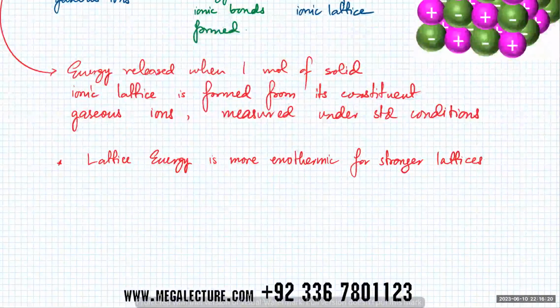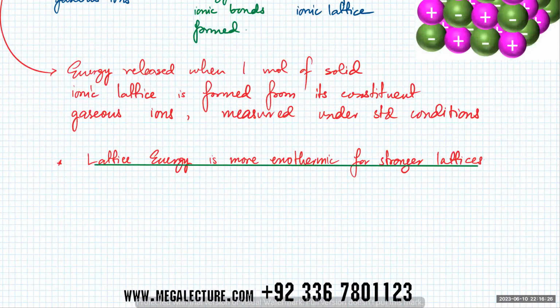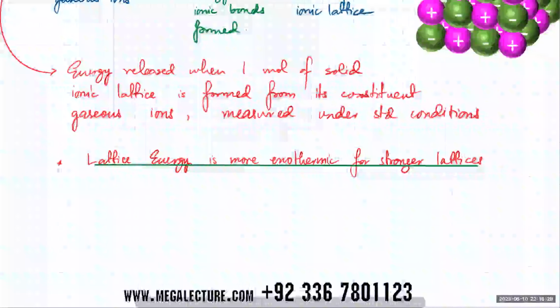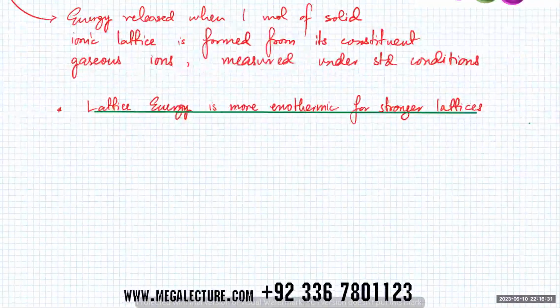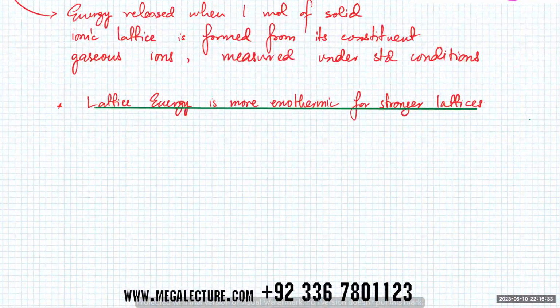So, what are the factors that determine the strength of an ionic lattice? Is it how highly charged the ions are?